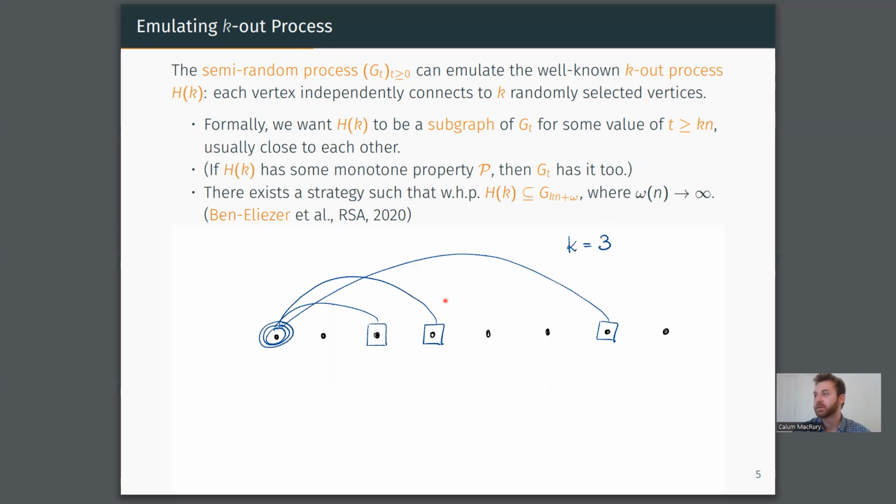It was shown a couple years ago that you can couple the k-out process with a particular strategy in this semi-random graph process, such that the k-out graph is contained in the graph made by the semi-random graph strategy. Here, the only reason that this omega is necessary is because in the semi-random graph process, you can, of course, create multi-edges, whereas in the k-out process, the randomly selected vertices are distinct.